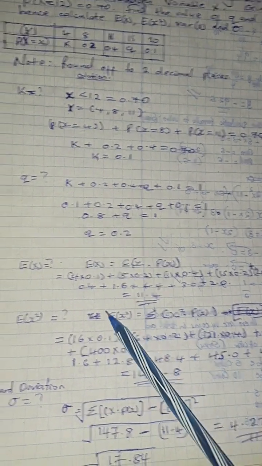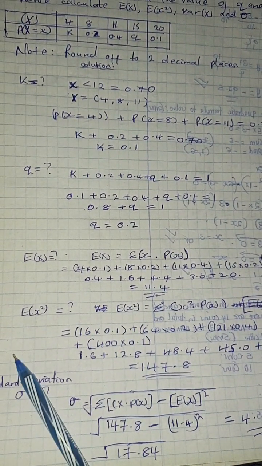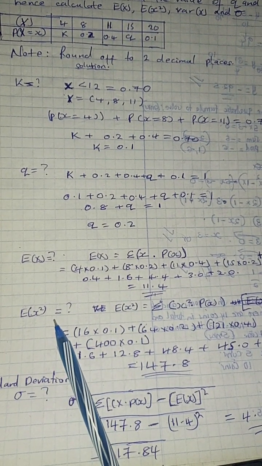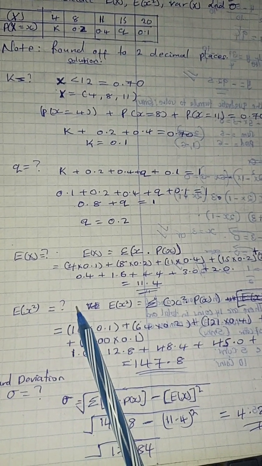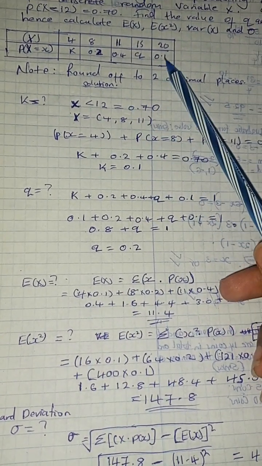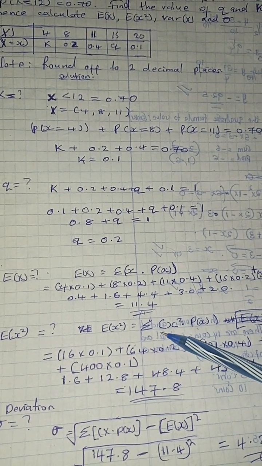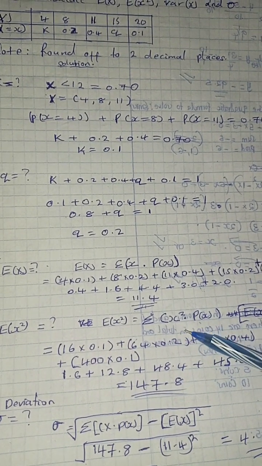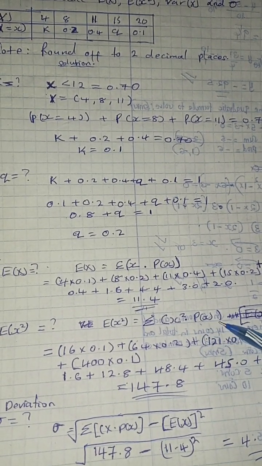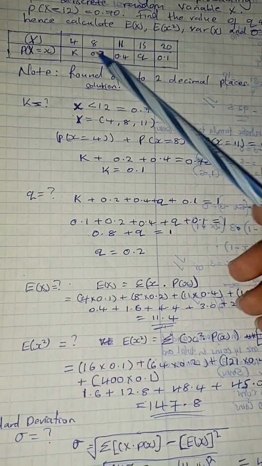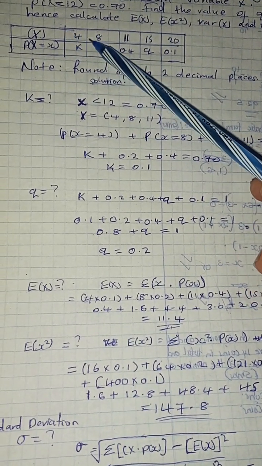Now let's proceed to E(x squared). We square the x. Okay, we have our formula here. It's the summation of x squared times probability of x. Now x squared, we have our values of x here.